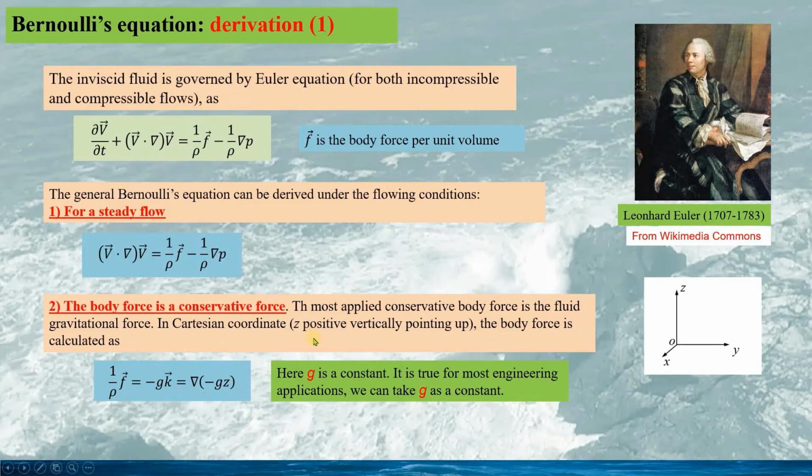In Cartesian coordinates, with Z positively pointing up, the body force can be given as this, and expressed as the gradient of the function here. So this means the gravitational force is a conservative force.